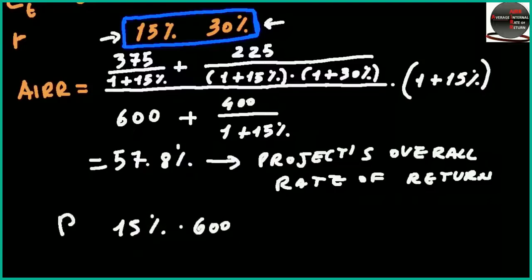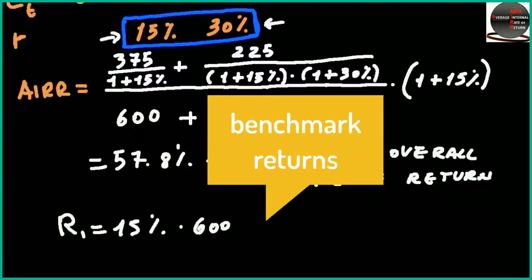This is the market return obtained by investing $600 at 15%. And in the second period, the investor would earn 30% on 400.